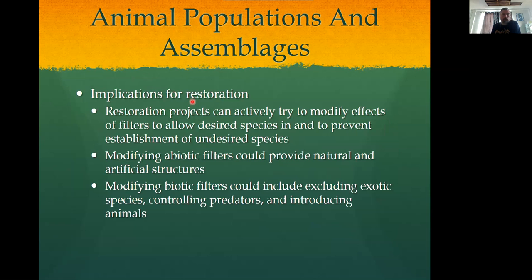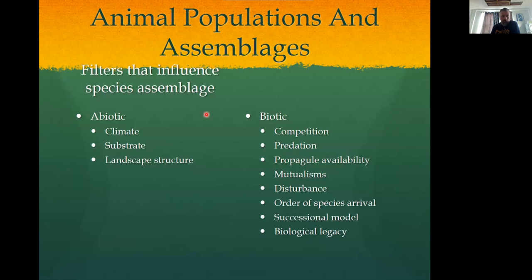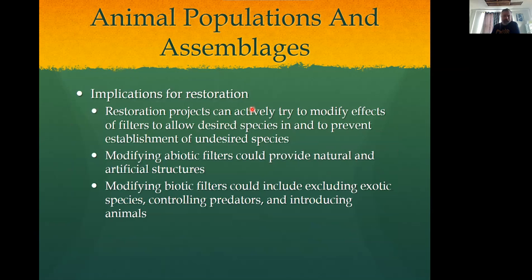You can actively try to kind of alter some of these filters, right? You can't do much about climate. You can change landscape structure a little bit by choosing species to promote, by choosing species to get rid of. You can alter some of these biotic filters here.